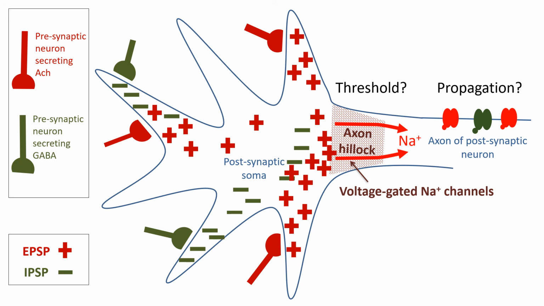But then finally, we have another EPSP, fairly close to the axon hillock, so it's nice and strong. And look, it's counteracted the IPSPs. The little voltage-gated sodium channels in the axon hillock have reached threshold, they've opened, and we've got a flood of sodium going through into the start of the axon. This is then going to propagate an action potential along the plasma membrane.